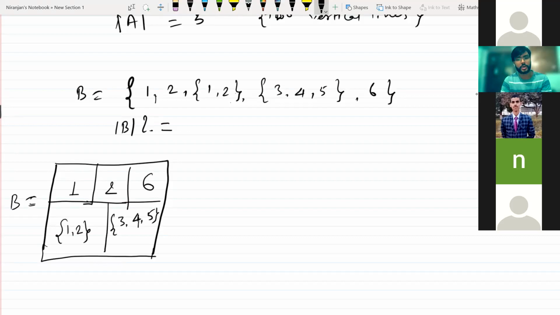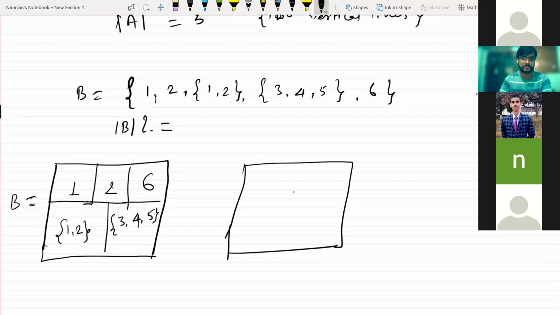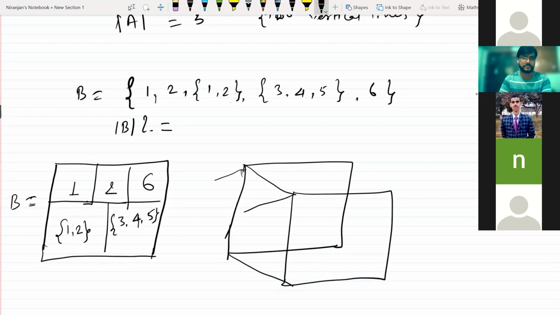So if you open this box, what do you see? You will see all these 5 elements that I have written here.